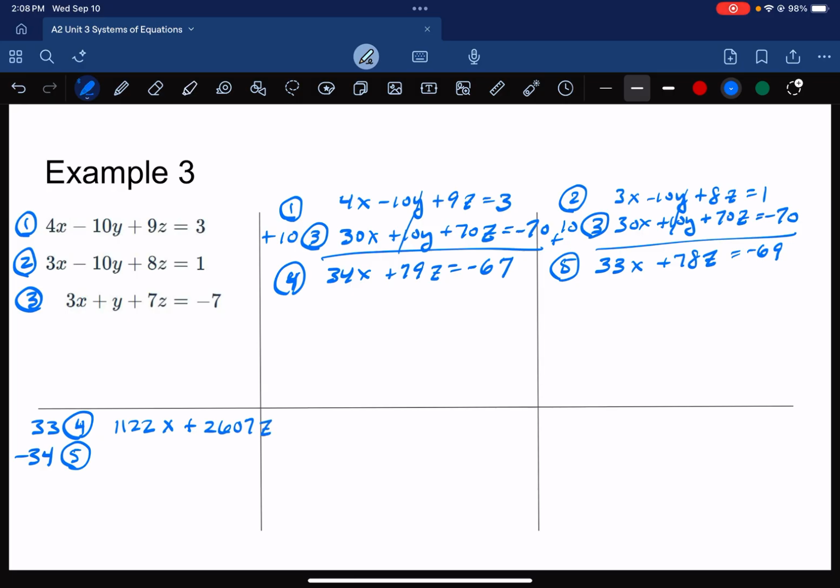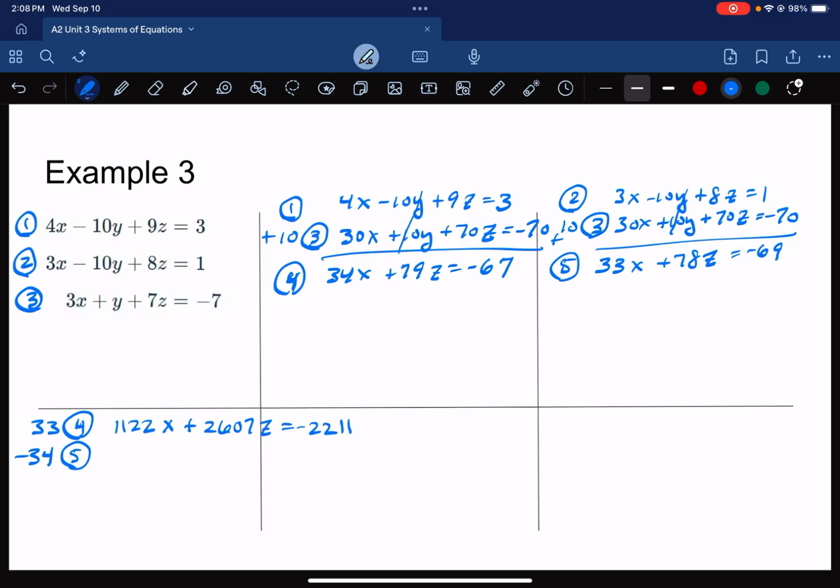And then negative 67 times 33 is negative 2211. So let me just double check those numbers here. So 34 times 33 is the 1122. And then 79 times 33 is the 2607. And then the 67 times 33 is the negative 2211.